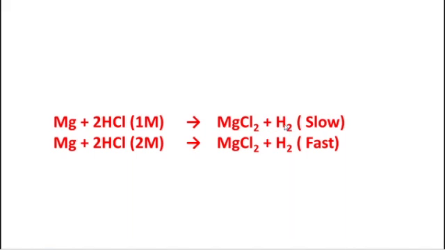When 1 molarity hydrochloric acid takes part in this reaction, the reaction rate is slow. When 2 molarity hydrochloric acid takes part, the reaction rate is fast and more hydrogen gas is liberated. The product is the same, magnesium chloride, in both.